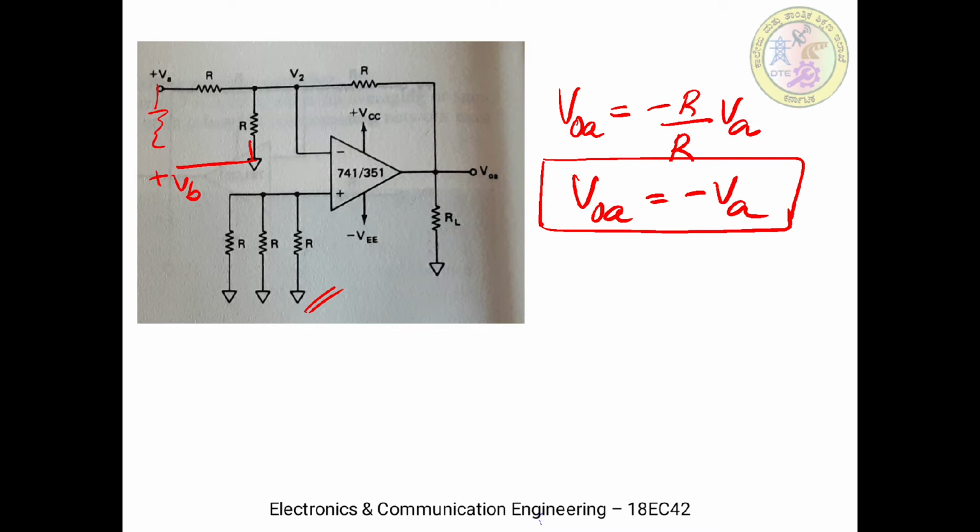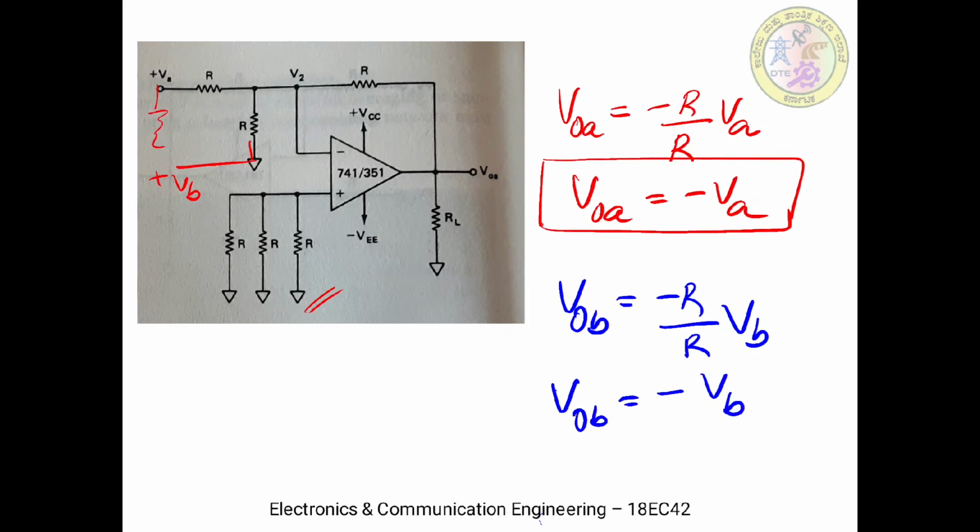Therefore the output voltage because of only one input VB, let us call that VOB. So VOB is again minus R by R into VB, or VOB equal to minus VB. This is part of the output voltage because of only the VB voltage.